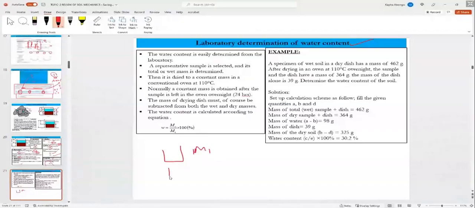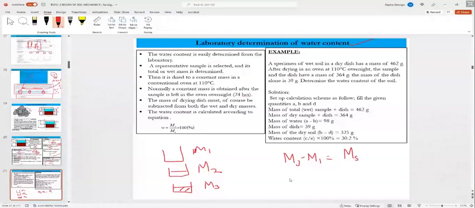Then the dish and wet soil, M2. Put it in an oven for 24 hours at 105 degrees, and get M3. So this is dry. M3 minus M1 is the mass of solids.